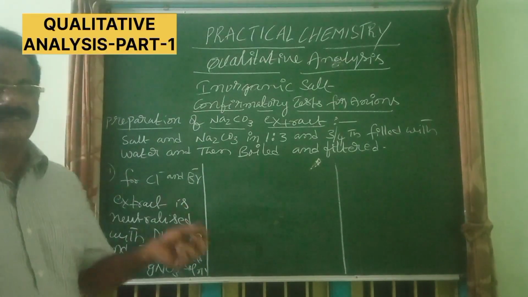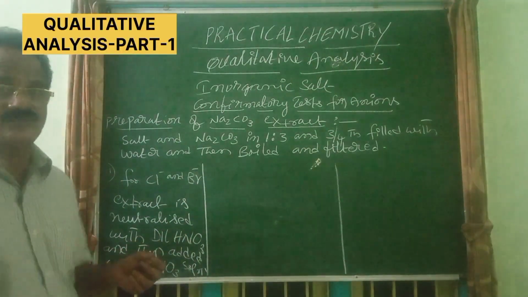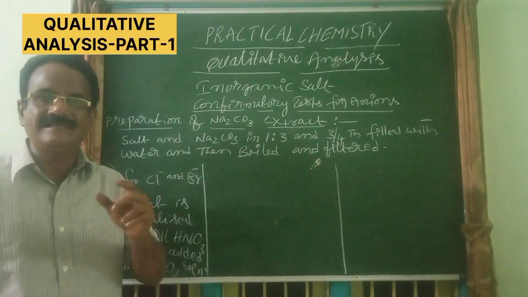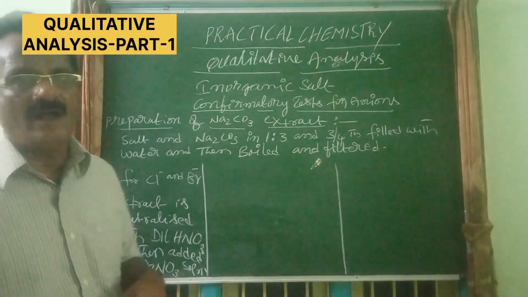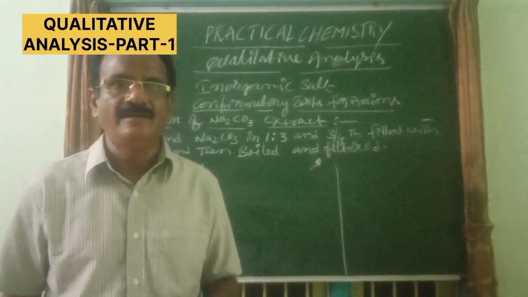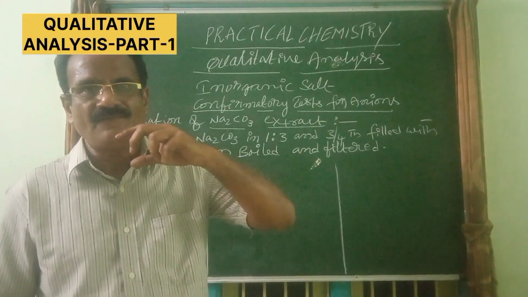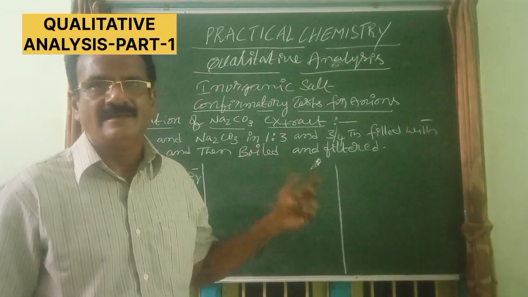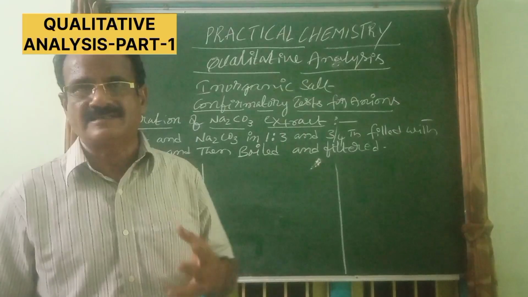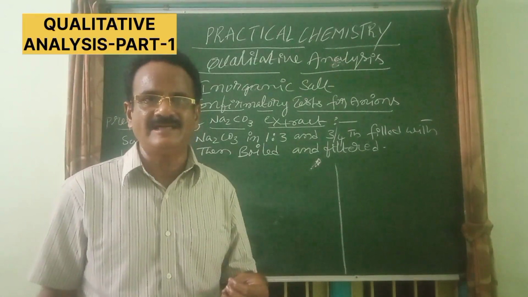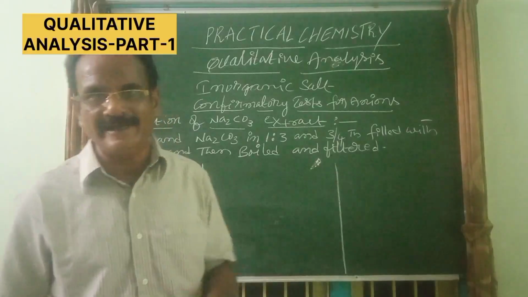So the extract is to be taken in the test tube and the neutralization is to be performed. How can one know the neutralization is completed? During the addition of dilute acid to the extract, effervescence will stop because the extract has basic nature because of Na2CO3.